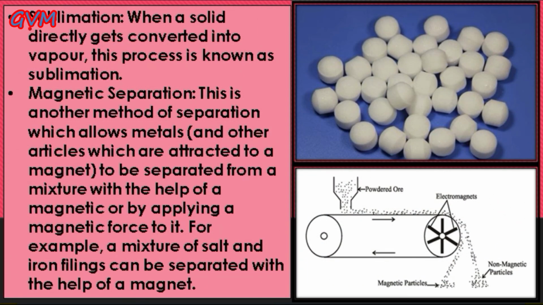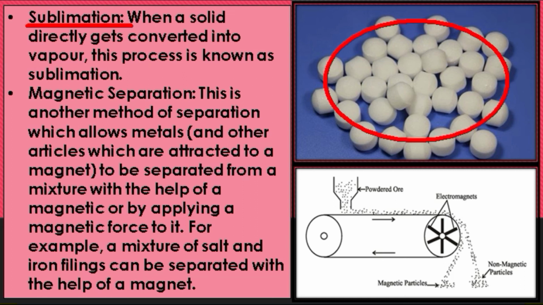Now students, the next important definition is about sublimation. Students, sublimation is basically a process in which a substance directly converts from the solid to the gas state without passing through the liquid state. And the best example of it is naphthalene balls. Students, can you imagine that during winter season your mother basically keeps these naphthalene balls between the clothes, but during the next season these balls disappear from the clothes.